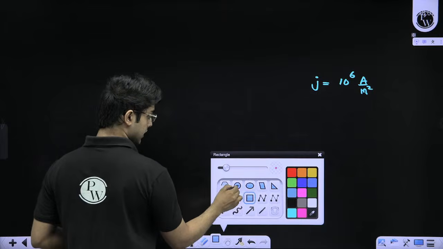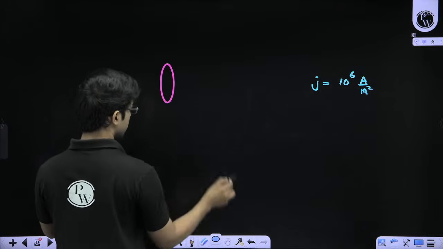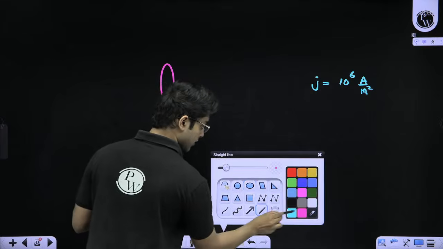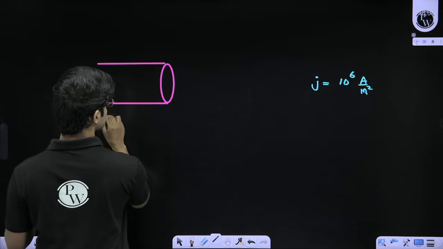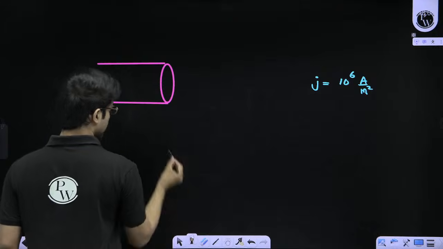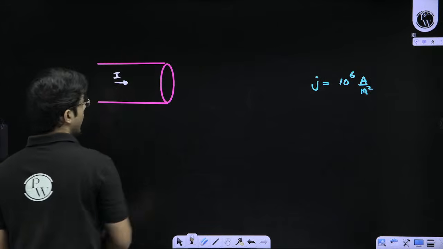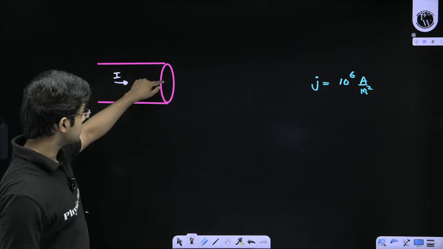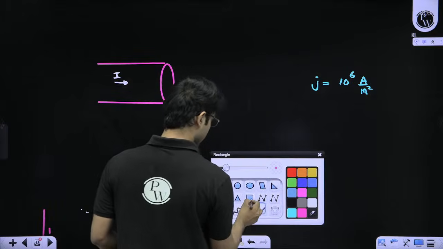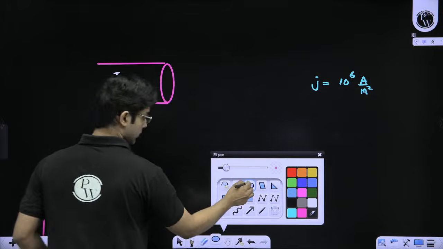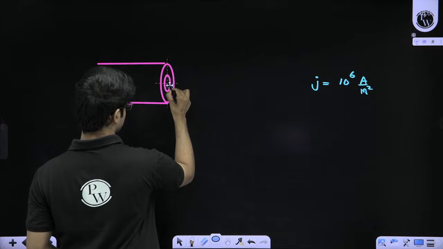Then we can have a cylindrical wire given. Okay, and current is flowing through this wire. And then the question can be, what is the current through? Let's make it like a cylindrical wire with a hole, something like this.